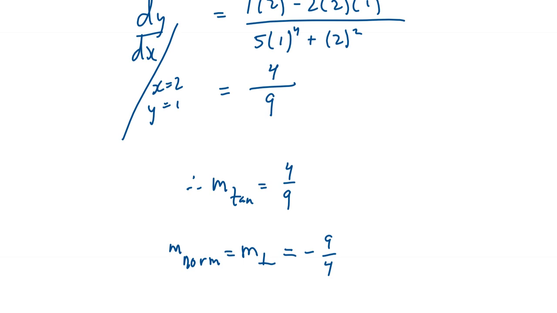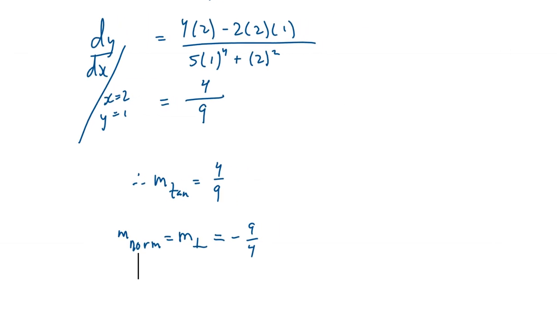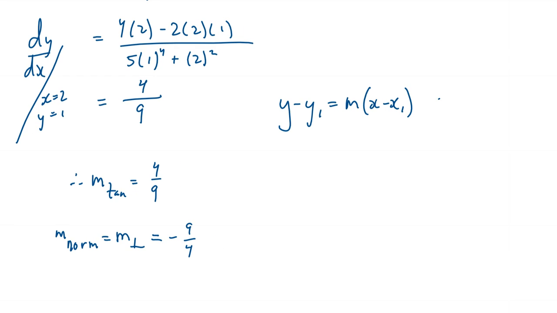That's the actual definition. Everybody okay with that? Okay, and then y minus y1 equals m times x minus x1 at 2, 1 with a slope of negative 9 over 4.